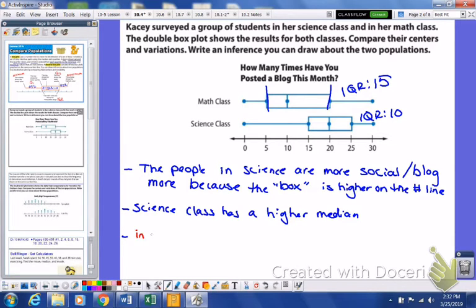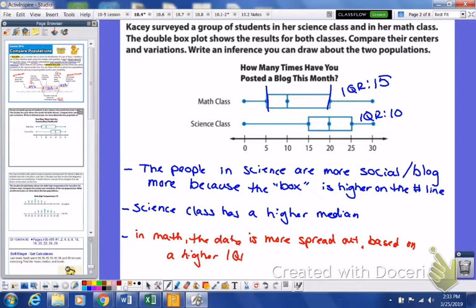So in math, the data is more spread out. And we can say that based on a higher IQR. So that gives them a little more variance.